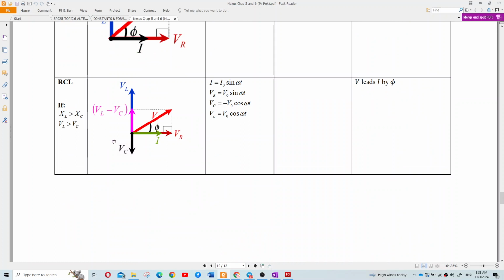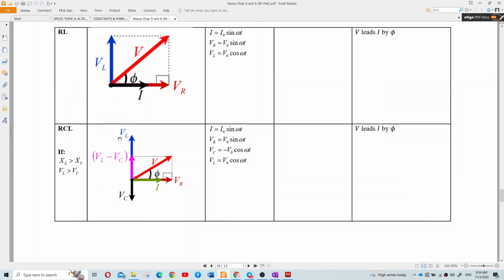For RCL, if VL is longer than VC, then we find the resultant VL minus VC, so the resultant is above here. Remember, this combines the resistor, capacitor, and inductor. For the resistor, the voltage is in phase.